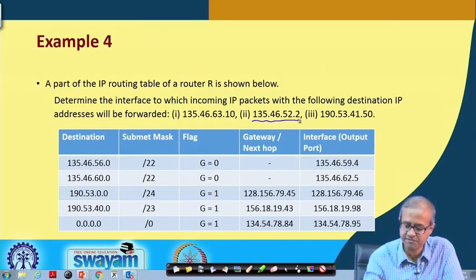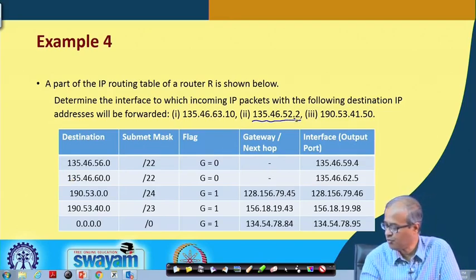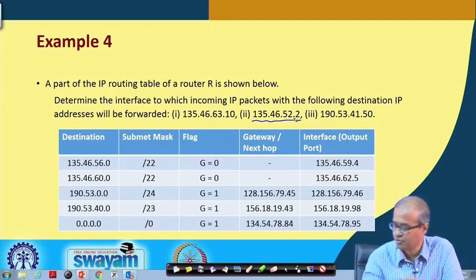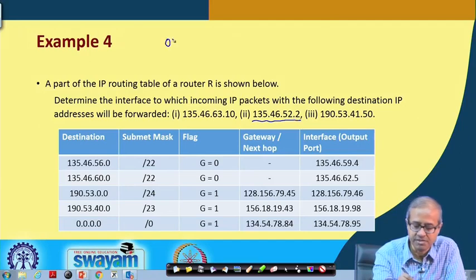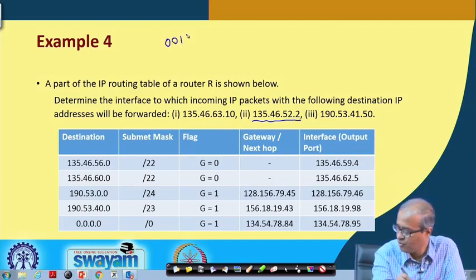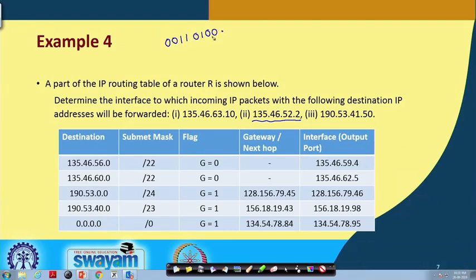Well, this is also 135.46, so it will be one of the first two, but it is 52.2. Let us see what is 52.2. 52 is 0011 0100. This is 52. Dot 2. 2 is 0000 0010.